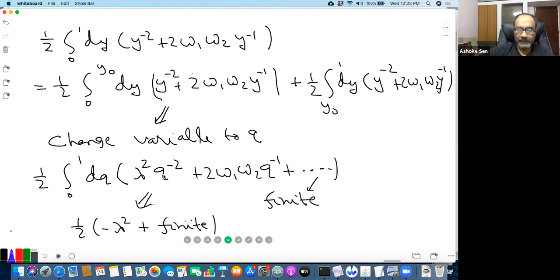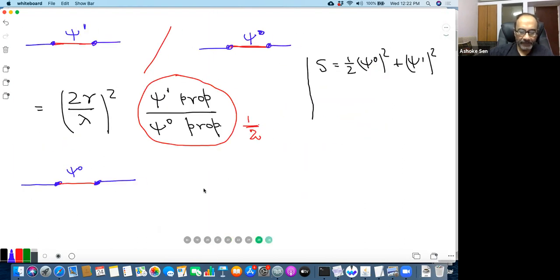Q to the minus 2 is coming because there is an intermediate tachyon state. So you have already determined the tachyon exchange contribution, that is minus half lambda square. So you are going to put that in. So this is minus half lambda square. This is minus half lambda square.